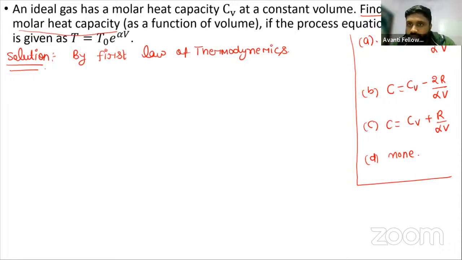That is why in the options you can see the relation developed between Cv and C. So C here is nothing but the molar heat capacity at constant pressure.